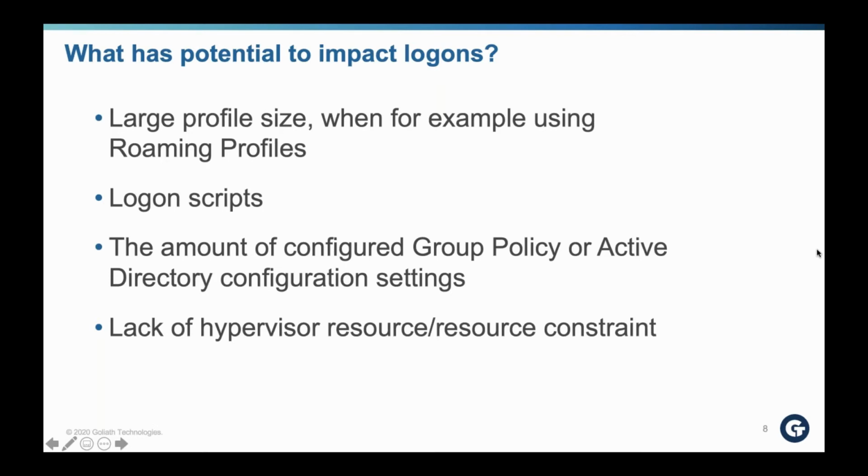If you look at logon scripts, it's quite easy to forget something or to script something that impacts a certain group of desktops or a certain group of users, with the result that your logon times will increase. And with group policies, it's the same thing, especially when customers have worked with Active Directory for a lot of years, started out with 2000, migrated to 2003, and are currently at 2019.